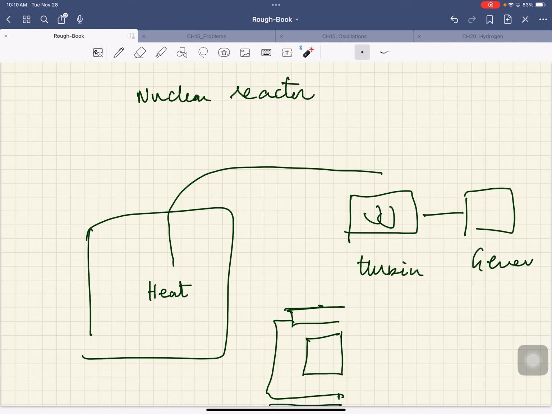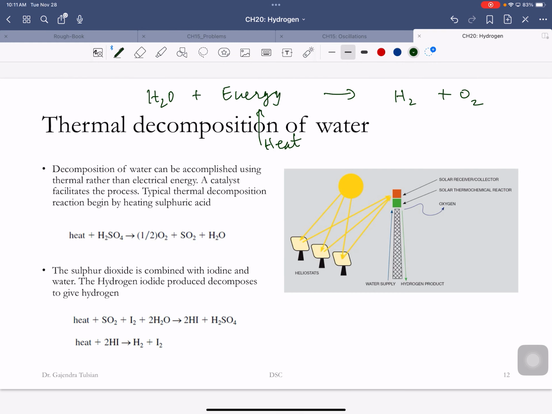Like 60% or something? 35%. So the other 65% has to be thrown away. And you can use some of that excess heat to produce hydrogen. You can't use all of it.